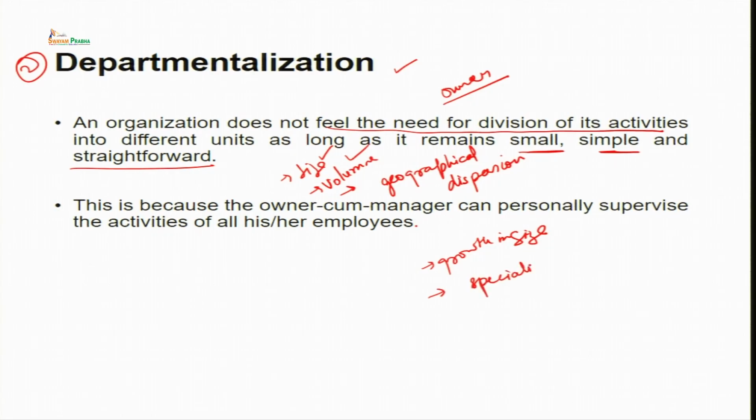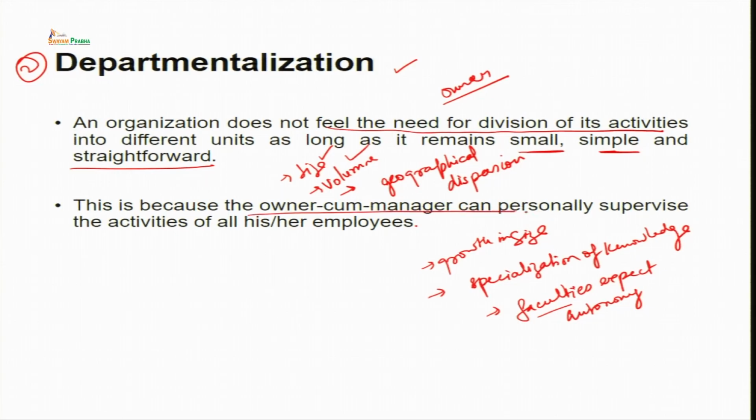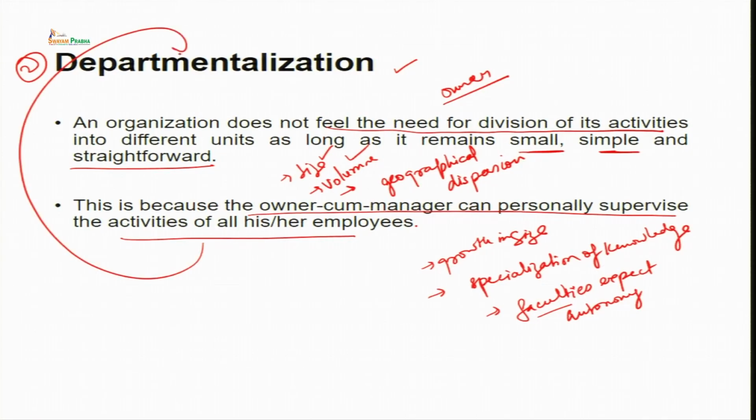Also, we need different departments for specialization of knowledge in a particular subject, and faculties also expect some amount of autonomy in work. So, departmental faculties or heads are made. This is because the owner cum manager can no longer personally supervise the activities of all employees. Thus, we go for departmentalization.